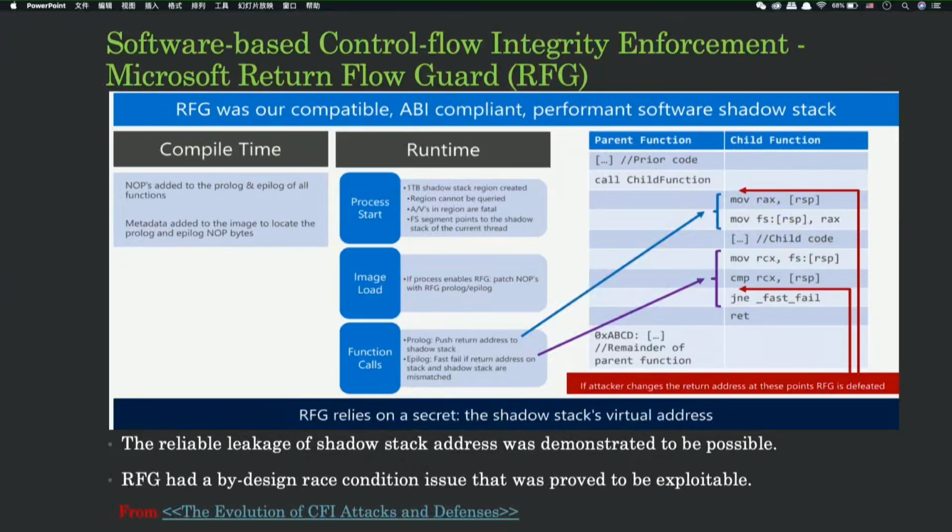But there are two things that we have to notice. The first thing is that the store of this return address and the comparison of those return addresses are not atomic operations, because they're at the beginning of this call and at the end of this call.